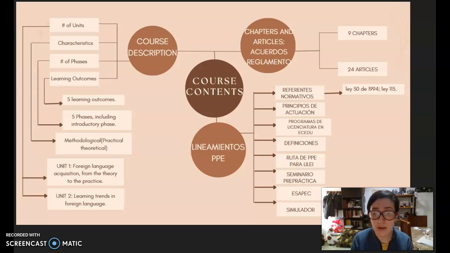Okay, now the principios de actuación. There are 5. The first of them is integrality. That means we have to be integral. We have to be very honest in our exercise, because we are going to be working as teachers already in our practice environment. So that's really important. The other one is the dialogicity. That means that we need to be in constant communication with the parties involved in this process, in this course.